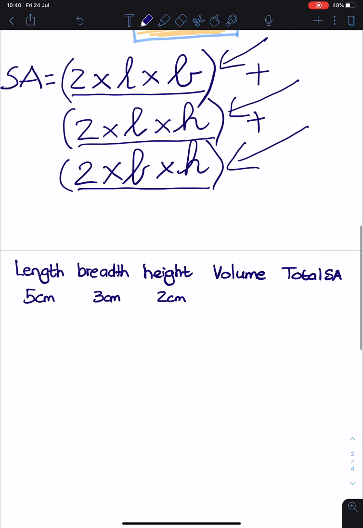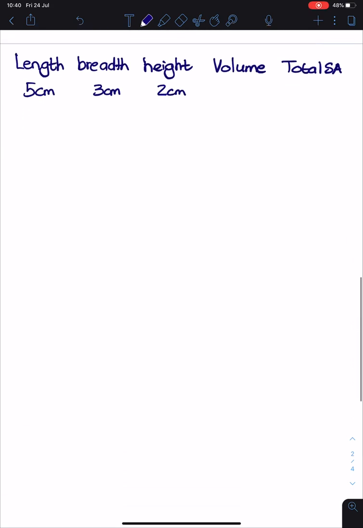Let's look at how we can use our formulas to work out problems. In front of you is a table, and I've given you the length, the breadth, and the height. We're going to work out the volume first. Remember that volume is length times breadth times height. Always write the formula and then fill the amounts in.